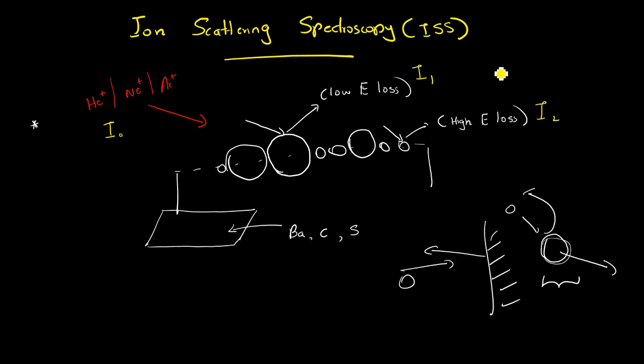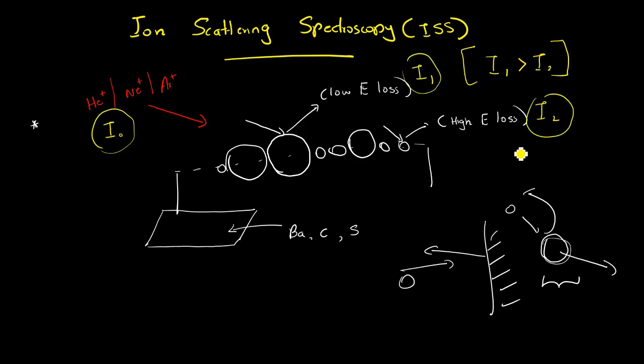So I hope you can understand, every time the intensity of I1 is greater than the intensity of I2. So this is what our instrument is doing. Our instrument will calculate the I0 and also it will calculate the I1 and I2, right?